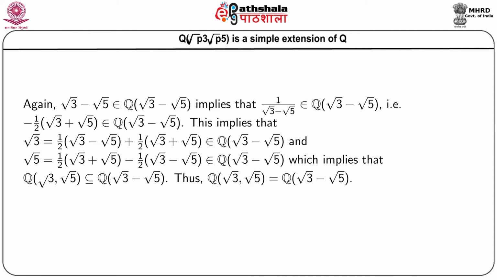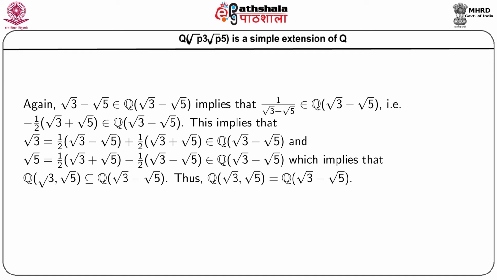Now, root 3 minus root 5 belongs to Q(root 3 minus root 5) implies that the inverse of root 3 minus root 5, that is 1 by root 3 minus root 5, belongs to Q(root 3 minus root 5).